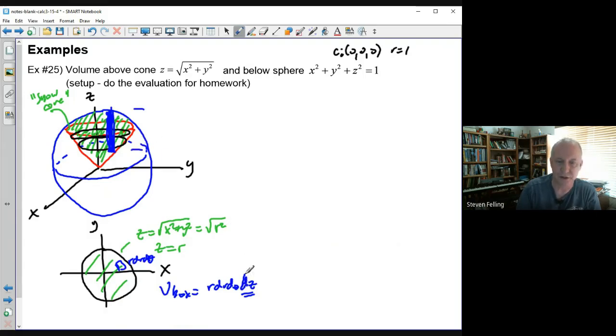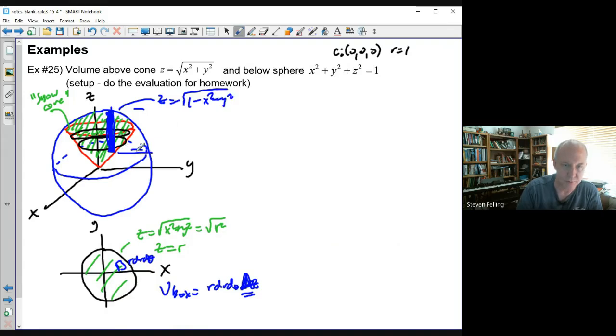I'll actually call it delta z because it's a large change. Well, at this place, z, we have the sphere, right? So if I solved this for z, I would have the square root of 1 minus x squared minus y squared.